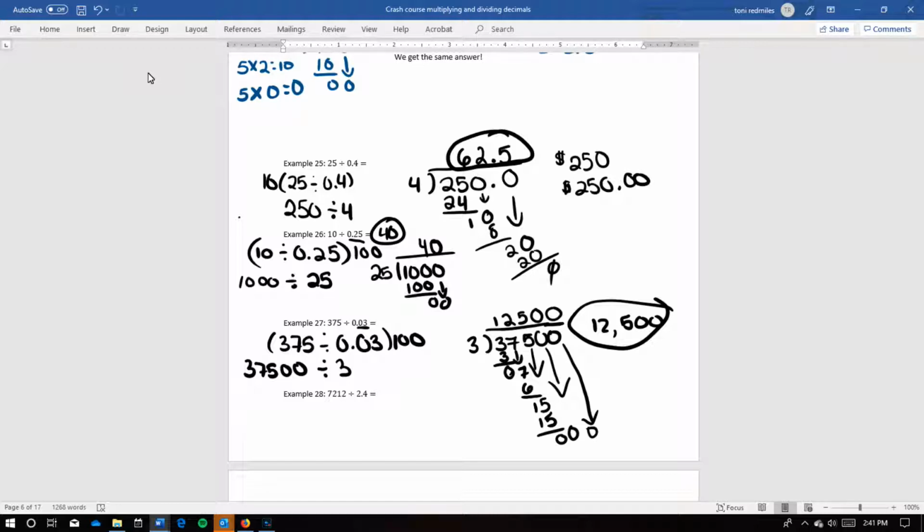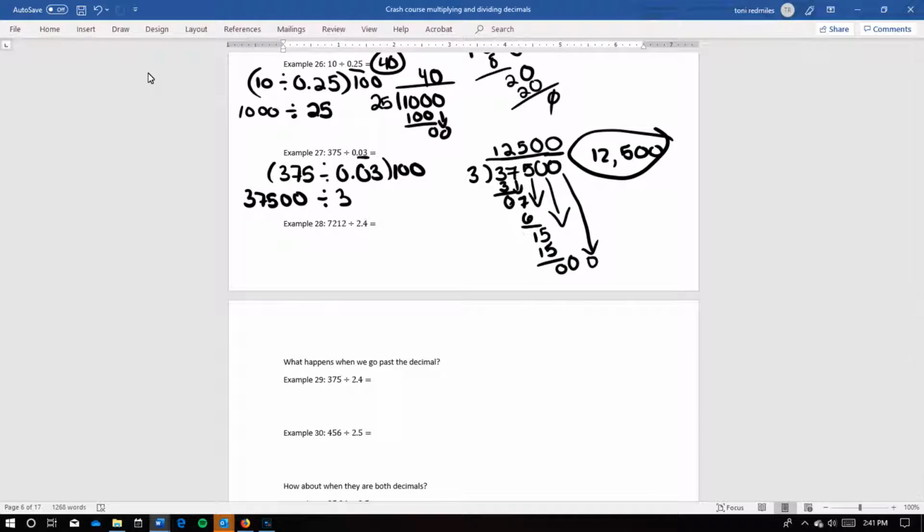So I have 375 candy bars, and I'm cutting my candy bars into 0.03 pieces. I'm going to have tons of pieces of candy bar everywhere, and if I count them all up, it should be 12,500, and that makes sense. It makes sense that it would be such an extravagant answer, okay?